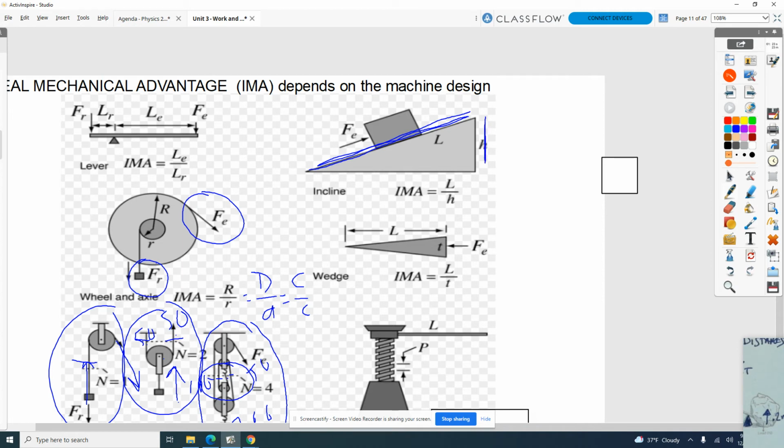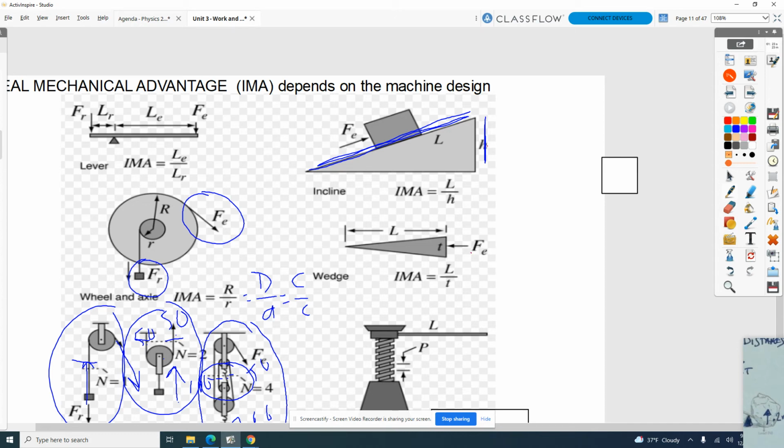And so the narrower that ramp, so the longer the length of that ramp compared to the height, the easier it is to be able to lift that thing up. So if I want to lift a piano up into a room, maybe into a house over a staircase, I use a pretty long ramp to go up just a few steps, and that makes the force quite a bit easier, quite a bit less to be able to lift that thing up.